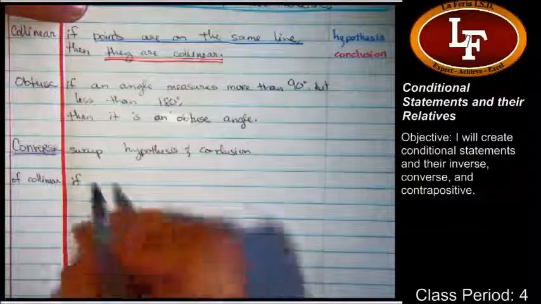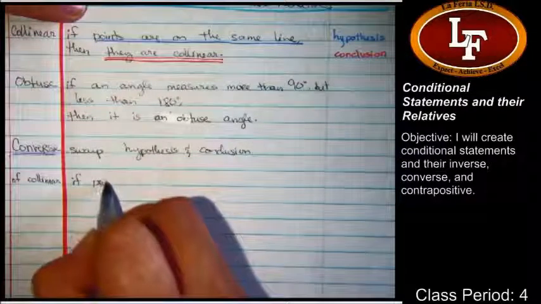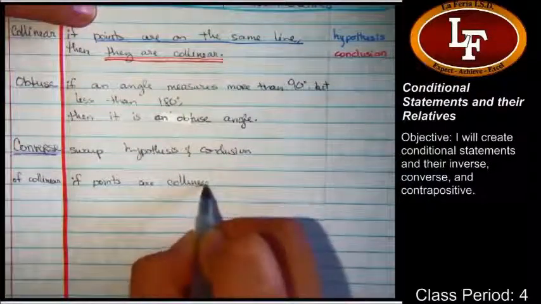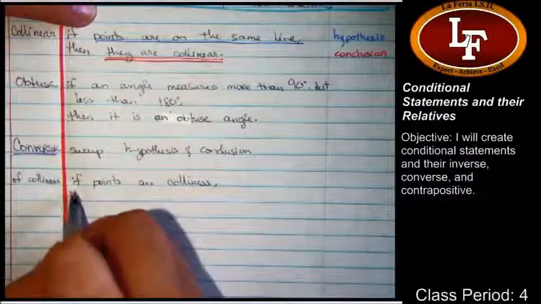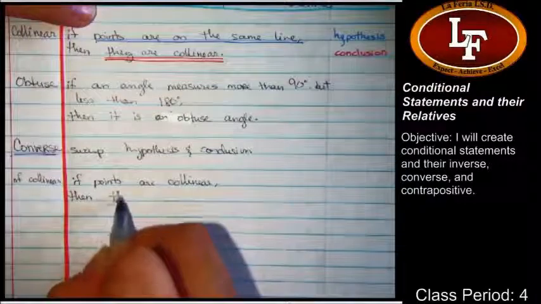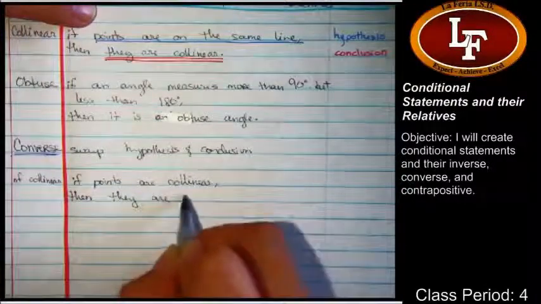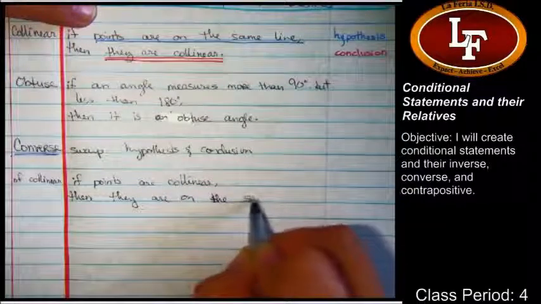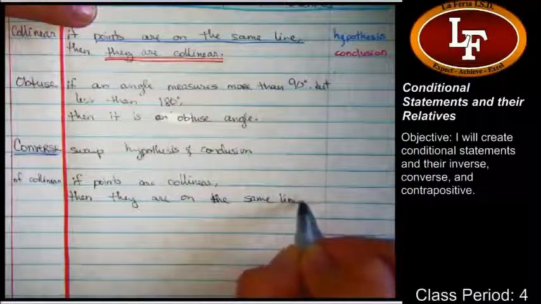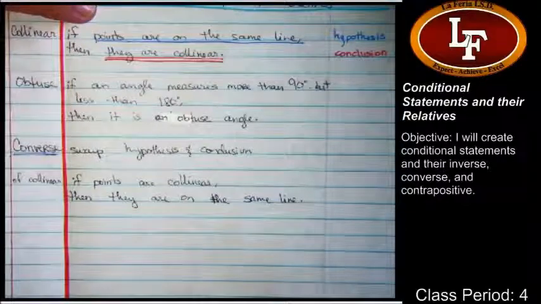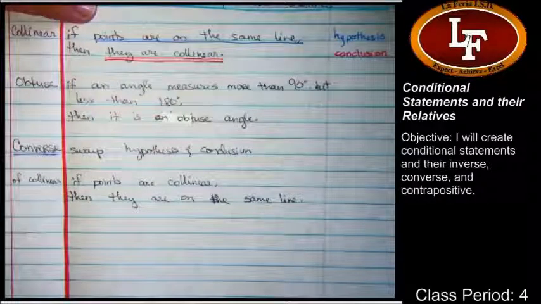So then the converse statement will be, if points are collinear, then what? They are on the same line. Beautiful, on the same line. Lovely. So once you've identified it, writing the converse becomes really easy. Okay? You may have to change the sentence around a little bit. That's okay.